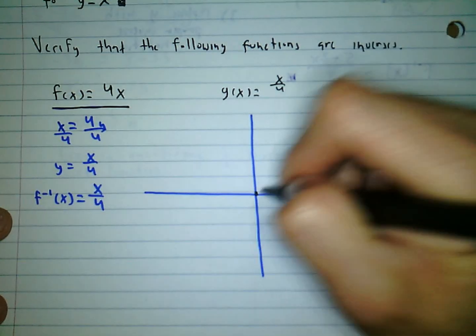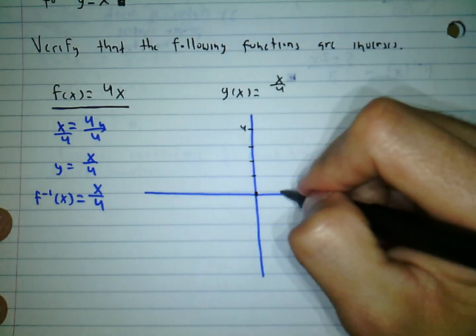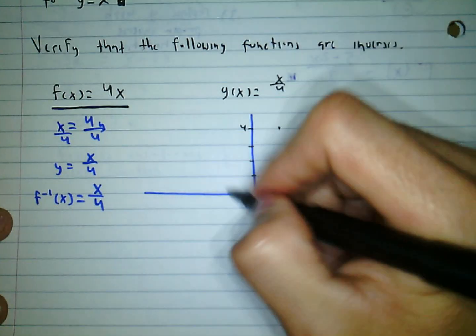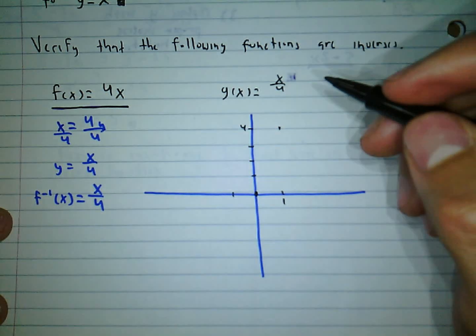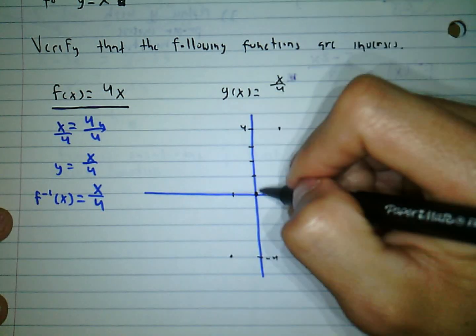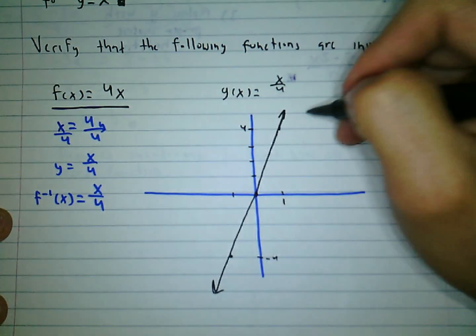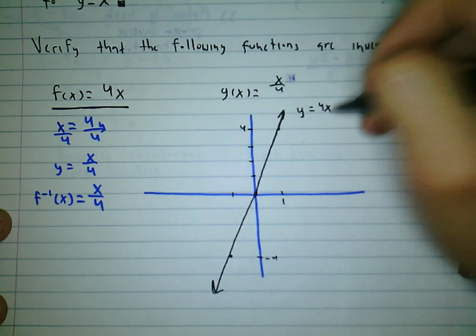At 0, I'm at 0. At 1, I'm at 4. So let's say that this right here is 4, and this is 1. At negative 1, I'm at negative 4, so I'm down here. And this graph would look something like that. Cool, so this would be y equals 4x.